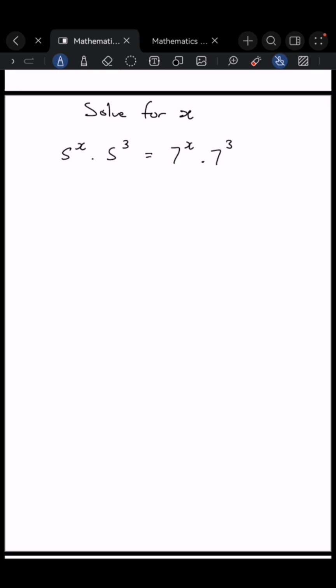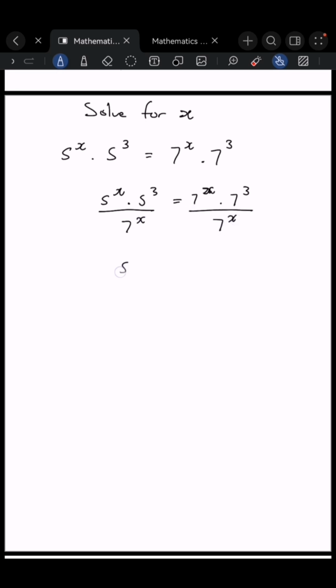What we're going to have here, we're going to have 5 to the x, 5 to the 3 is equal to 7 to the x, 7 to the 3. Divide both sides by 7 to the x.